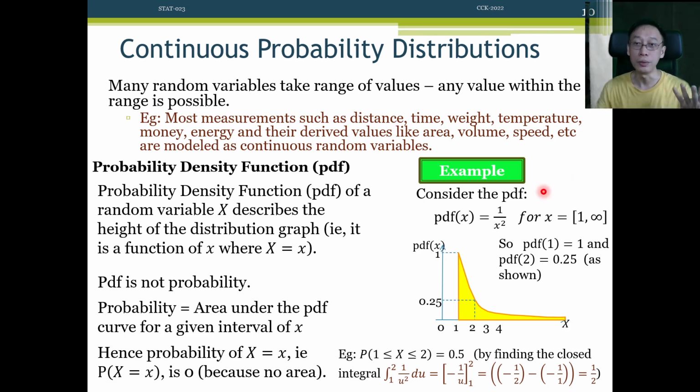So for example, just quickly by means of showing, we look at this yellow shaded area, where the curve here goes from top to bottom and starts at the x value of 1 going towards infinity.